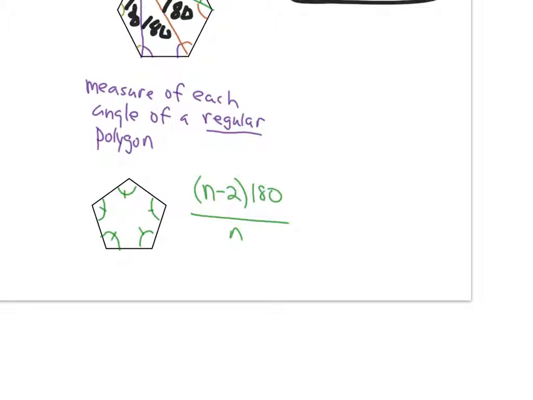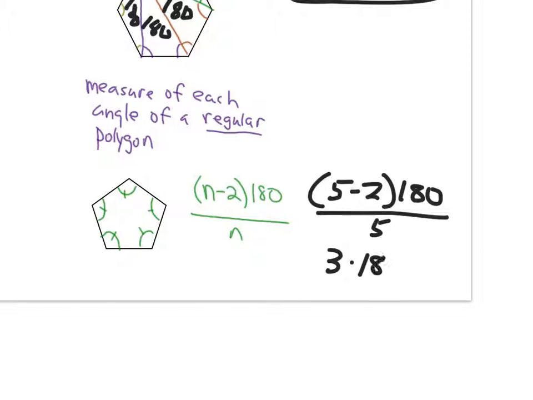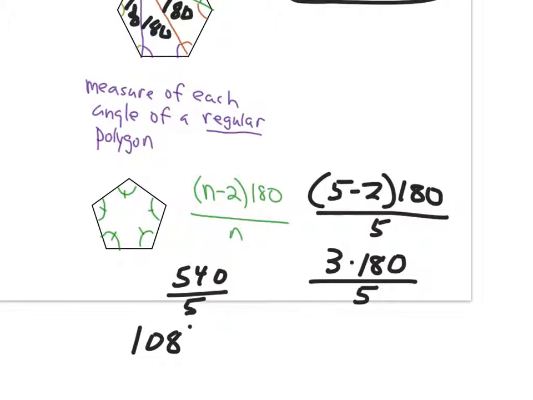So for a pentagon, I've got 5 minus 2 times 180. That gets me my sum of my interior, which is 540. Sorry, that's going to be a 5 there. So I have 3 times 180 divided by 5, and so that's 540 divided by 5, which is 108 degrees.